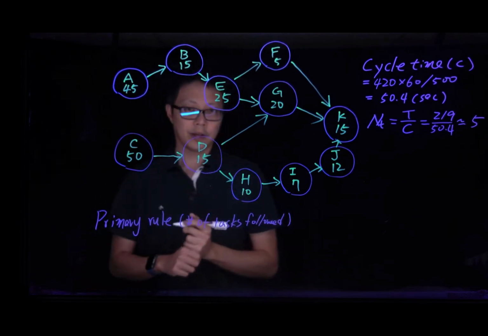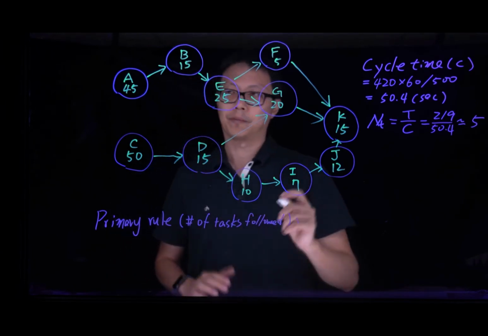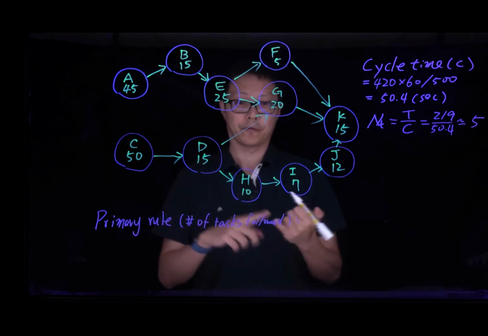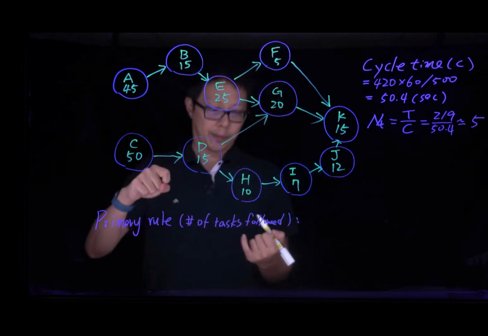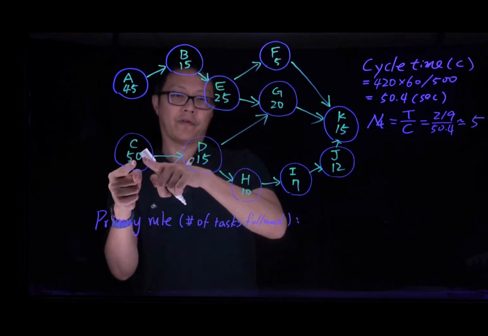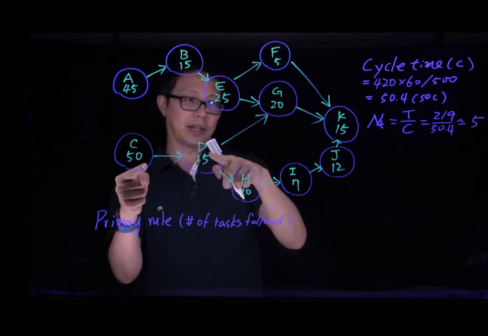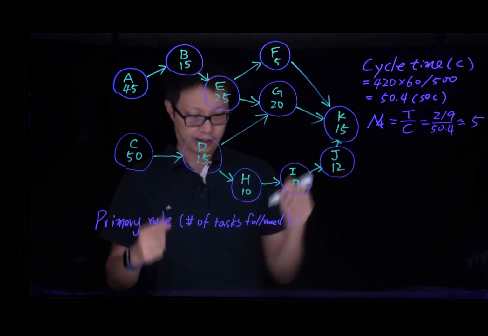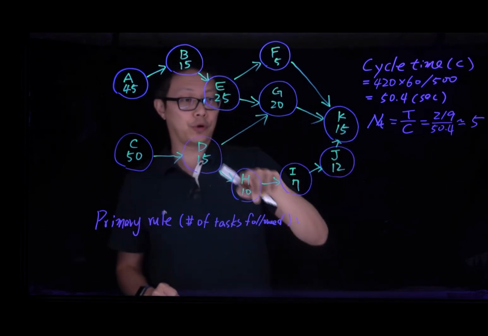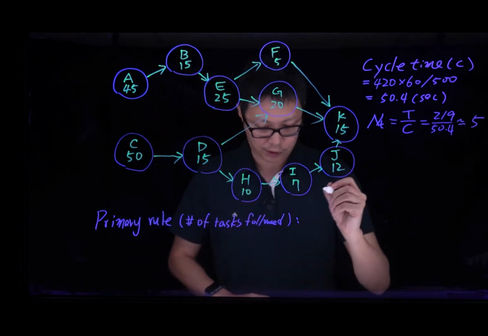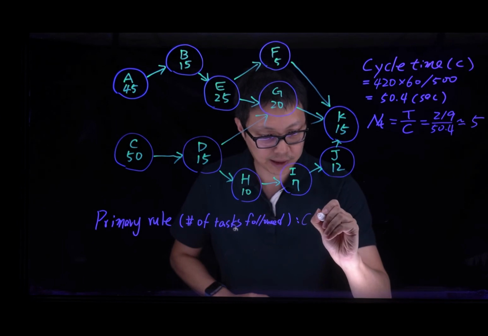Okay? So you just need to figure out how many additional tasks you need to complete after you finish a certain job. For example, for C, after we finish C, we still need to work on D, G, H, I, J, and K, right? So I have 1, 2, 3, 4, 5, 6 after C. So C will have 6 tasks.